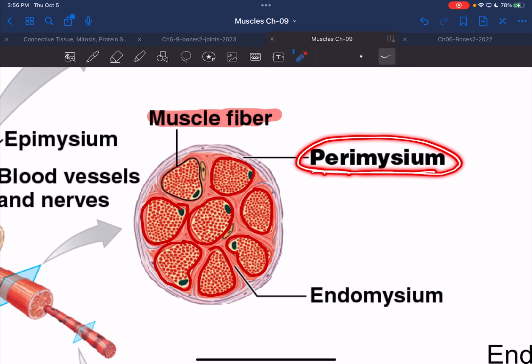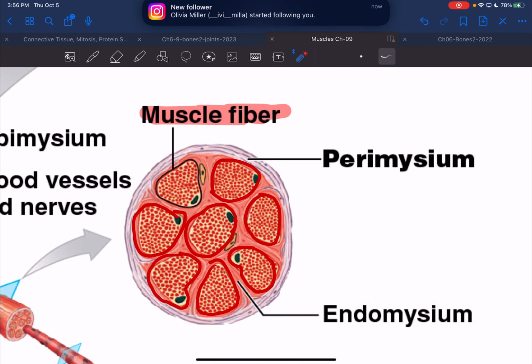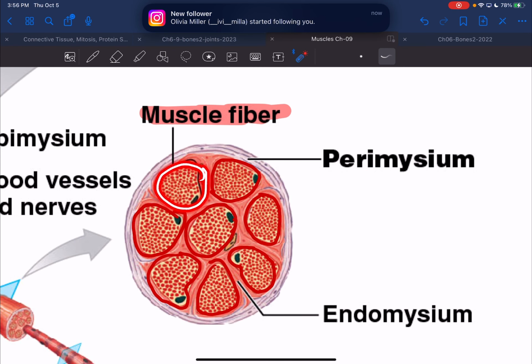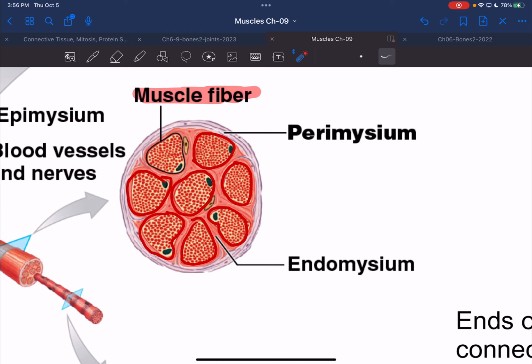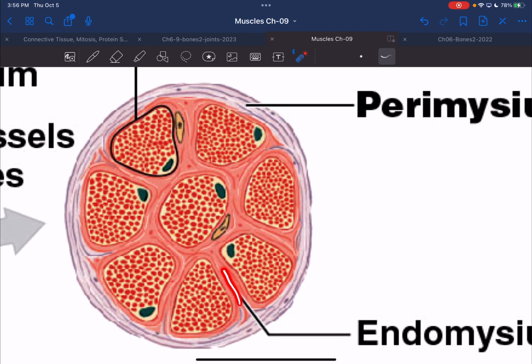Perimysium. And if you look at just every individual muscle fiber, each one is going to have a connective tissue inside of it, separating them, called endomysium. And so, with our picture, endomysium is everything that's pink in between. Let's highlight them, right? That might make it easier.